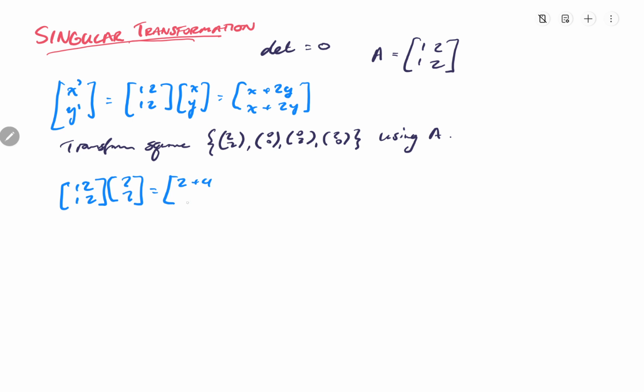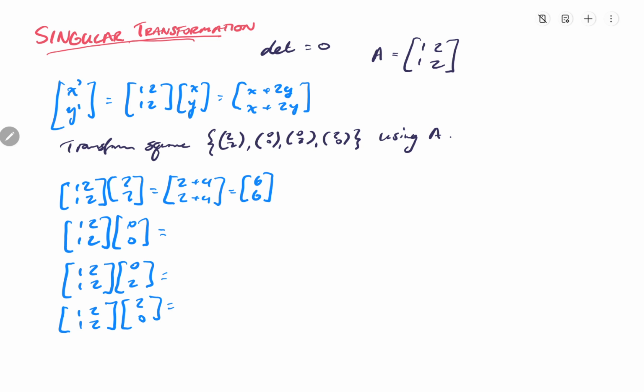First times first of our second row is 2, and then we have 4. So we have 6 and 6. For our other points, we can work through on our own, and then we'll meet up at the end. If I were you, I would pause the video, work through it on your own, and once we come back, my 4 points will be on the screen.